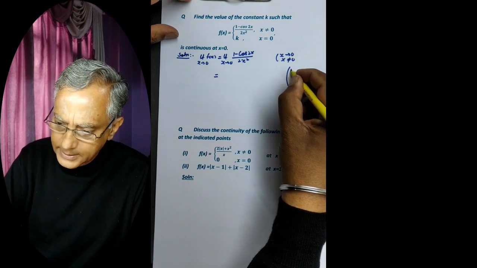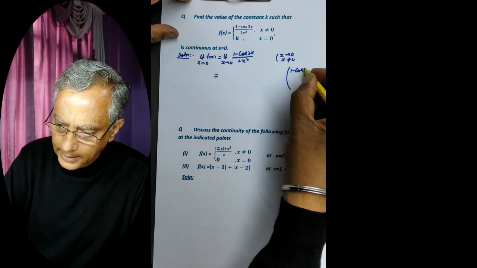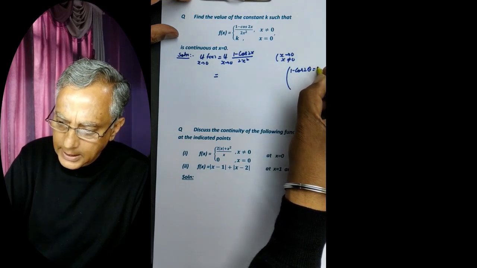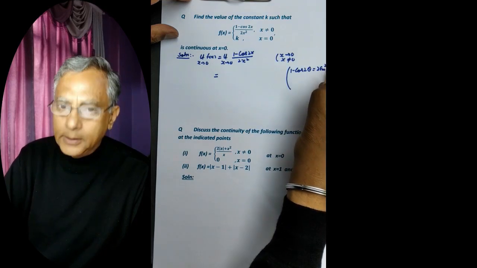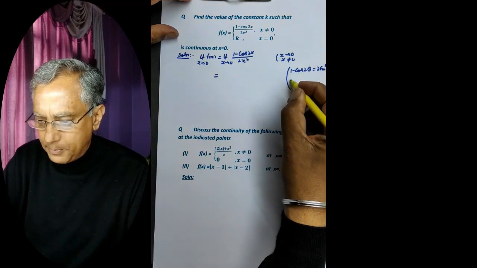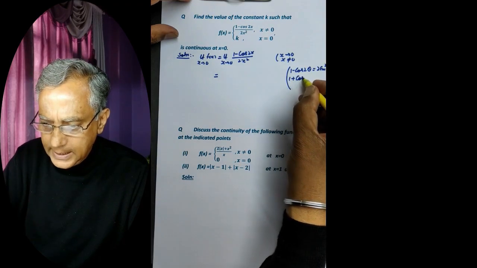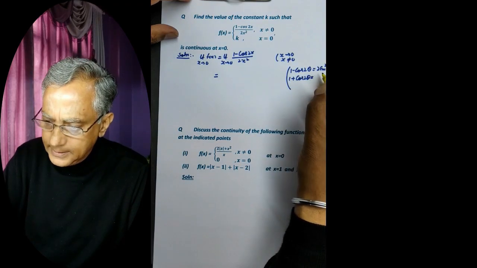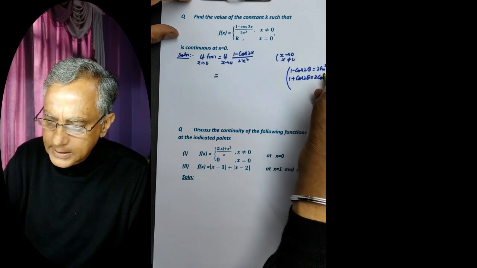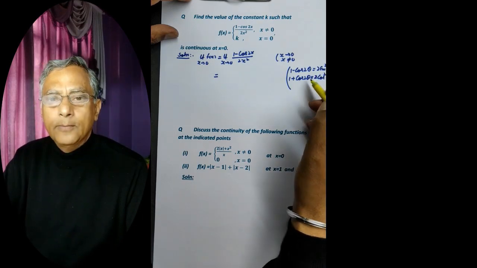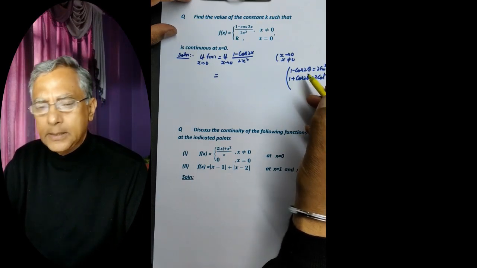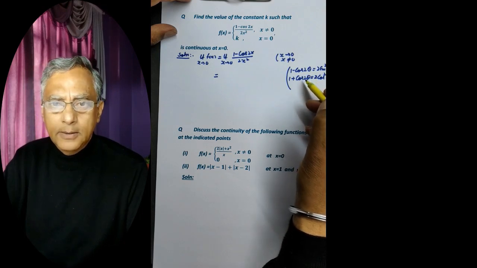First is 1 minus cos 2 theta is 2 sin square theta, and 1 plus cos 2 theta is 2 cos square theta. These are very useful formulae. You must keep them always in your mind.